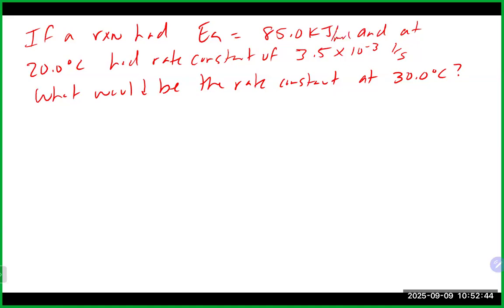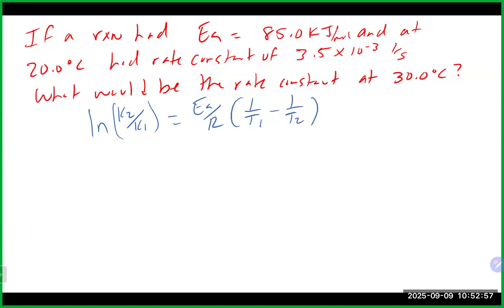Again, we're going to use our Arrhenius equation here. So do a little bit of that. E of A over R, 1 over T1 minus 1 over T2. So here, obviously, we have the activation energy given to us. We have rate constant, let's call that K1, at 3.5 times 10 to the minus 3 reciprocal seconds. That's at a temperature of 20 degrees Celsius.